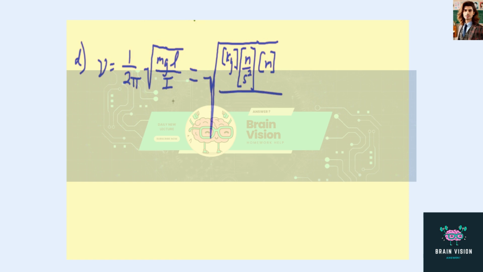And then I is something called the moment of inertia, which has units of kilogram meter squared. So we can see here kilograms cancel. And this is meters times meters, that's meters squared over meters squared. So these are going to cancel, which just leaves us square root of 1 over second squared.